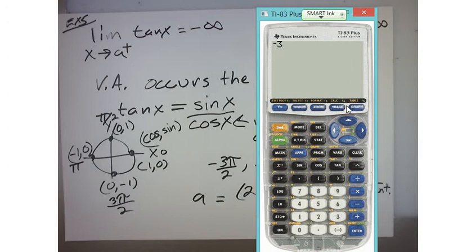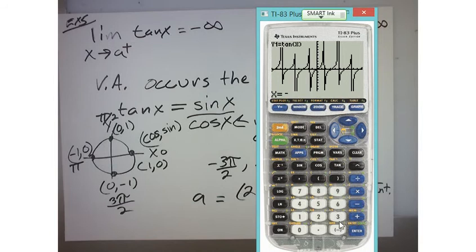So if I come in here and graph this, and I hit trace, and then I say negative 3 times pi divided by 2, it's not defined. If I trace just a little bit to the left of that, in other words, coming in from positive infinity, it is approaching negative infinity, right?